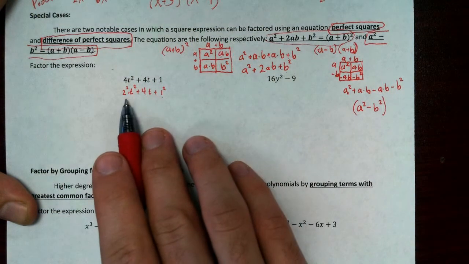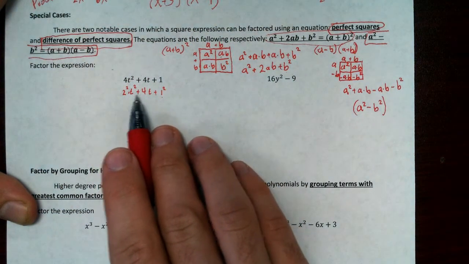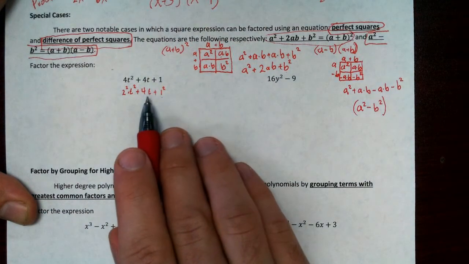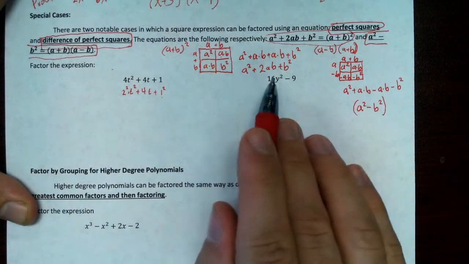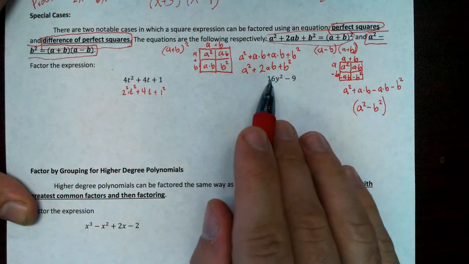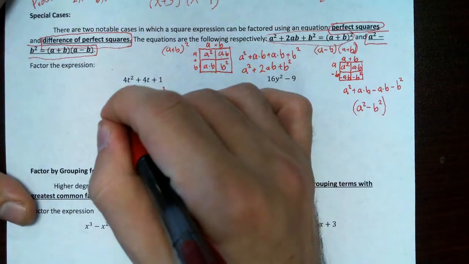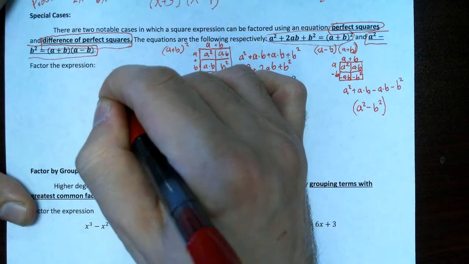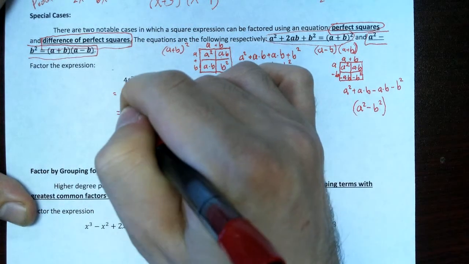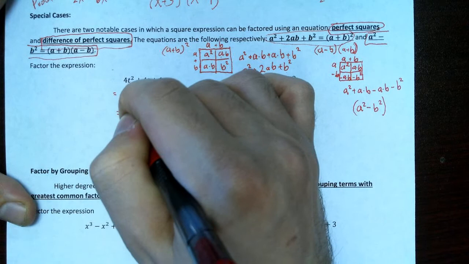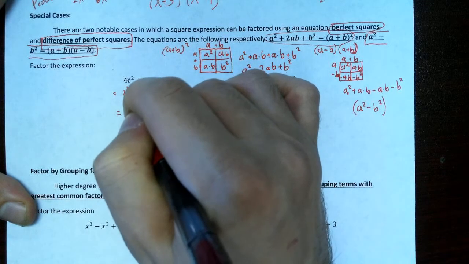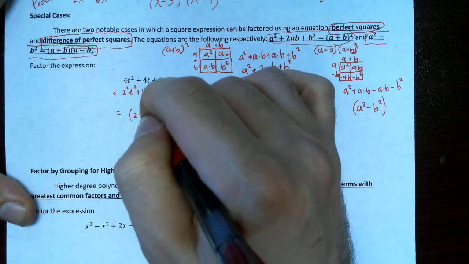And indeed it is. 2t times 1 is 2t, doubled is 4t. So this is going to be a perfect square, and I can go ahead and use this equation on it. So I'm going to see that this is just going to equal 2t plus 1.